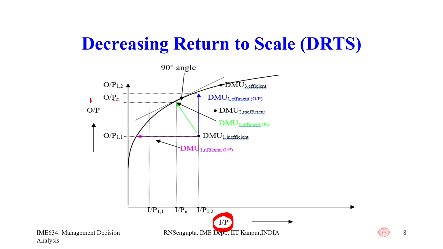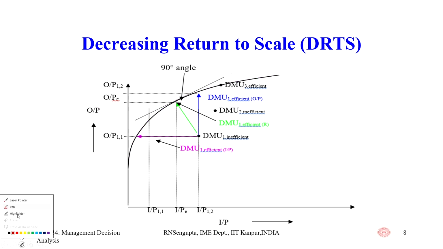The output I am again marking in red along the y axis, and the graph, which I will highlight using the violet color, is increasing, but the slope is slowly falling, and this is what I want to now highlight.